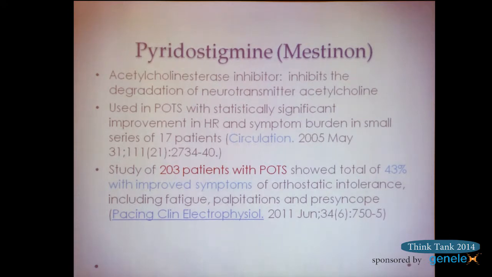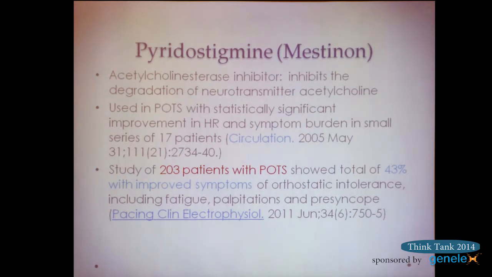So Pyridostigmine or Mestinon is an acetylcholinesterase inhibitor. It inhibits the degradation of the neurotransmitter acetylcholine. We use this in patients with myasthenia gravis, which is a neuromuscular disease as well. It's been used in POTS with a statistically significant improvement in heart rate and symptom burden in a small series of 17 patients published in Circulation in 2005.